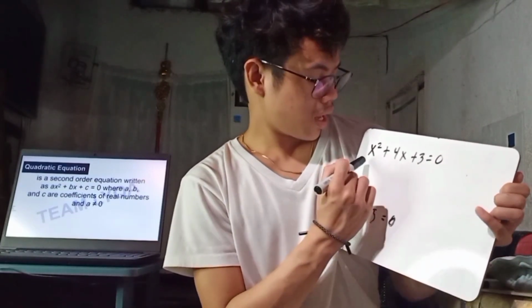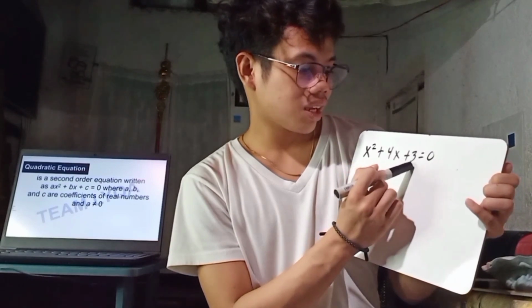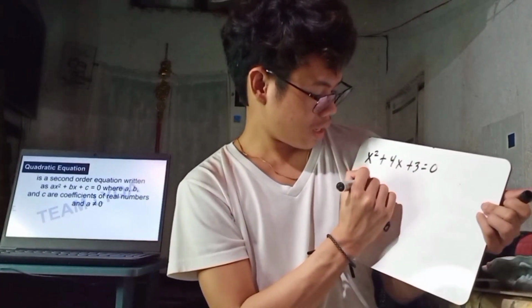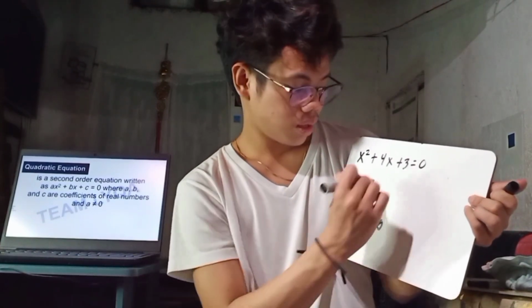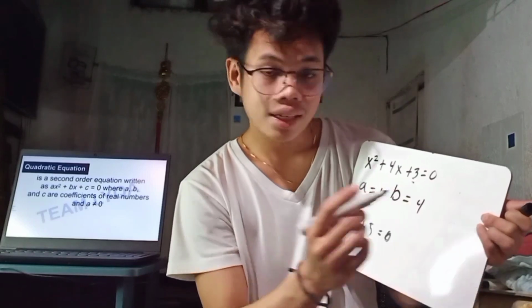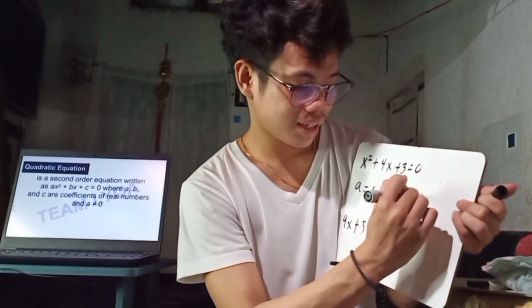How do we know if an equation is a quadratic equation? In the first example I gave, x squared plus 4x plus 3 is equal to 0, where a is equal to 1, b is equal to 4, and c is equal to 3.